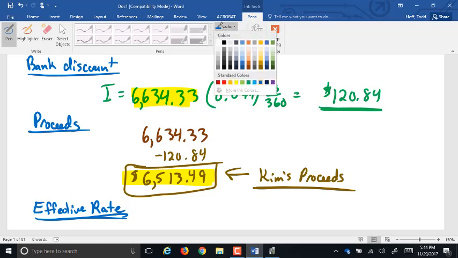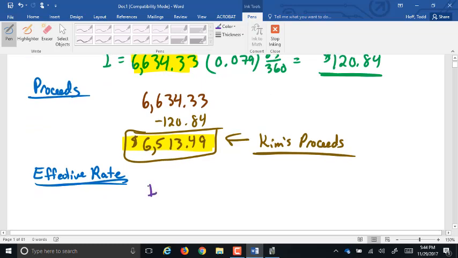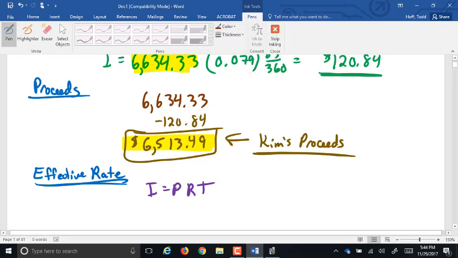So the effective rate is found by going back into our simple interest formula. I equals PRT. We are going to replace I with that discount, $120.84. P is then going to be the proceeds, because that's the amount that Kim actually received and was able to use.